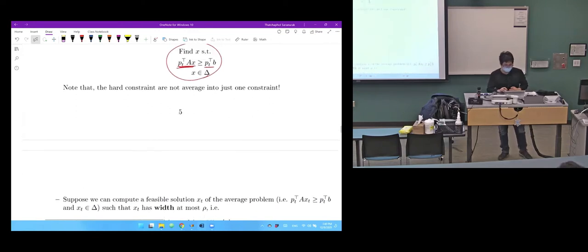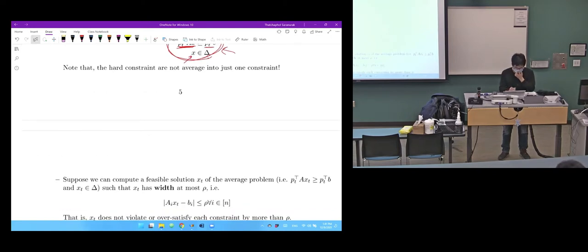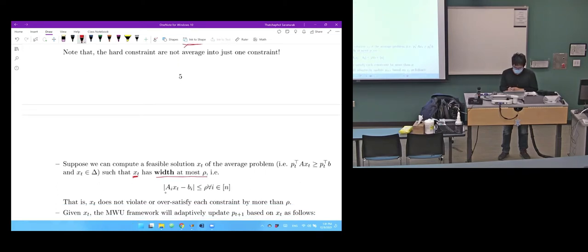What you need to solve is to find a feasible solution for this one, but with one more thing that you need. Not just any feasible solution, but you at least want it to have small width. That is, the solution that you find, if you look back at the original constraints, doesn't violate or over-certify any constraint by too much.